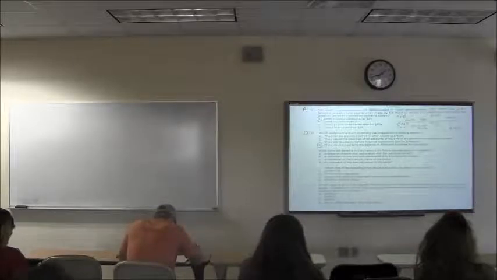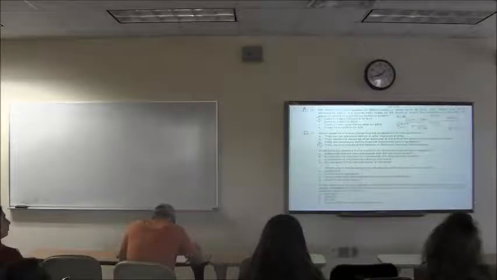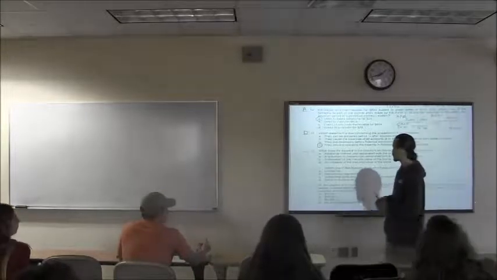B? You've got one person. C, a reduction of maturity value of the bonds. One, two people. D, an increase of the maturity value of the bonds. What does the balance in the discount on bonds payable account represent?